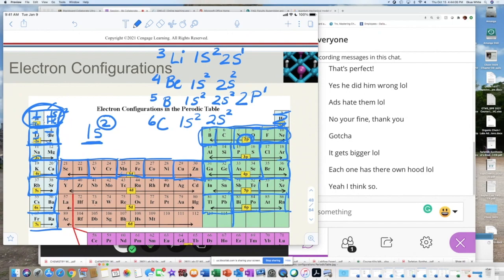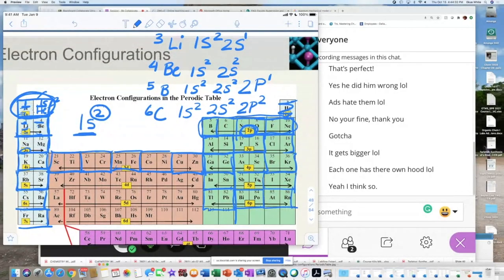And then for carbon, I have 2p2. So once again, as you are placing the electrons on these sublevels, the different wings of the quote-unquote hotel, you want to make sure you are being consistent, okay?